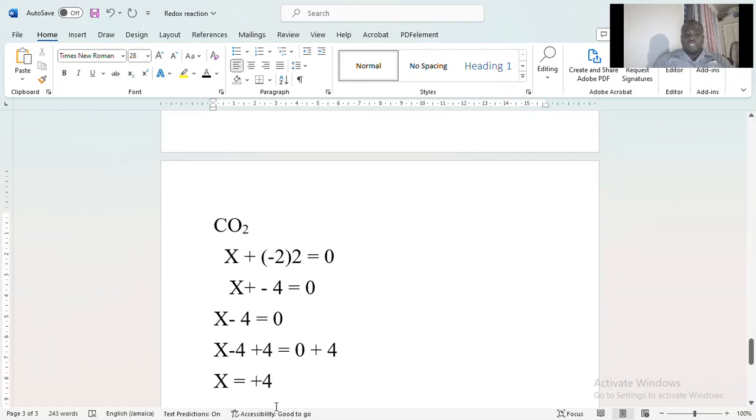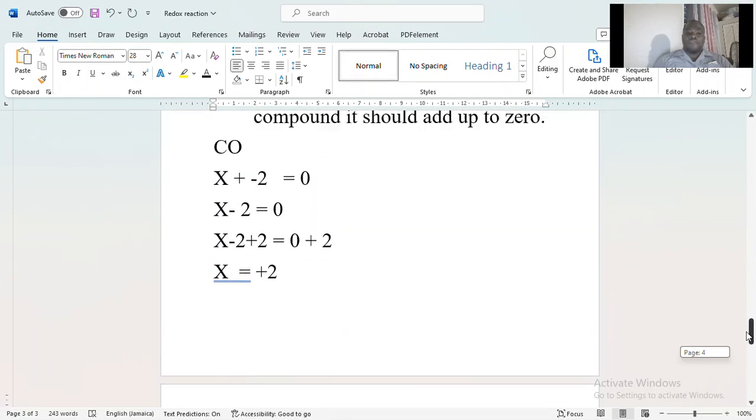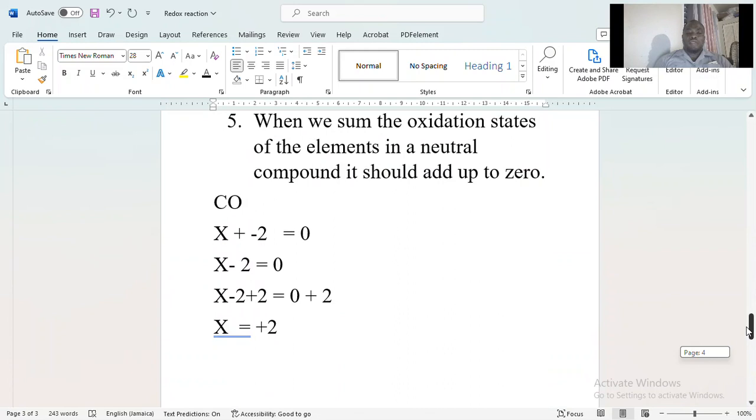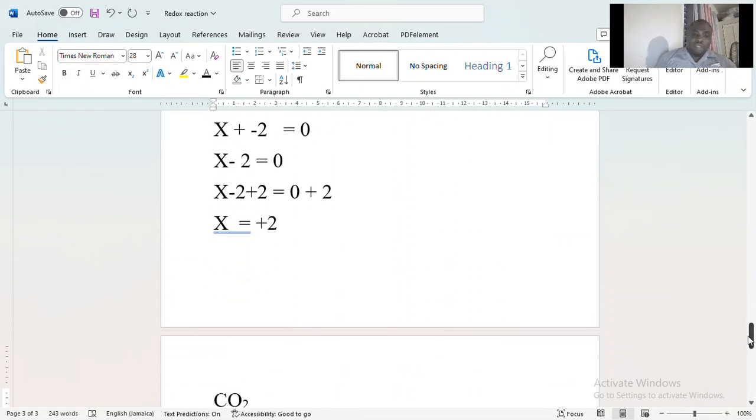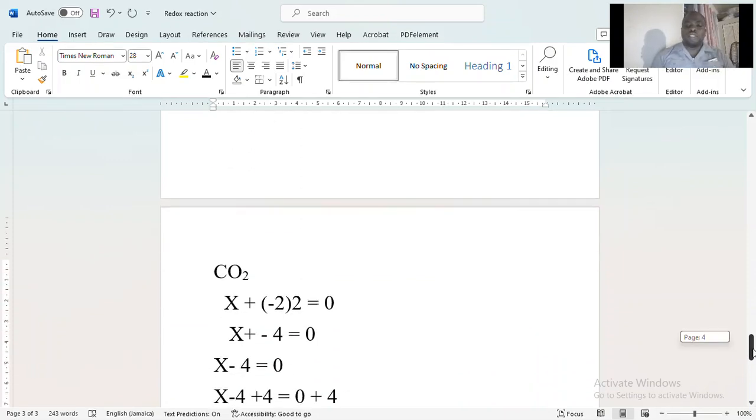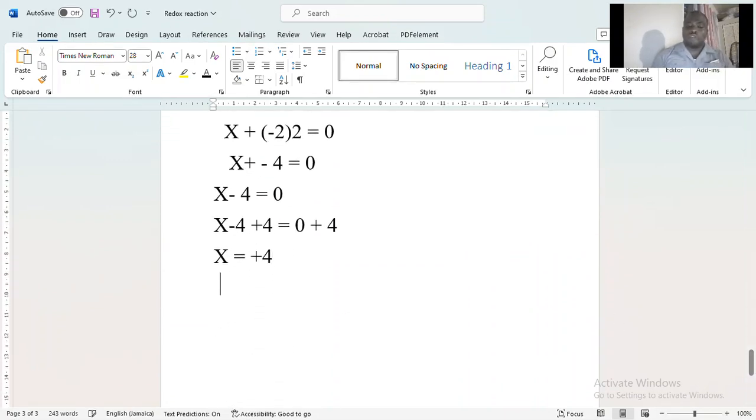So if you notice, in this case, the carbon is equal to +4, while up here, that very same carbon is equal to a +2. So we have to be careful not to think that the oxidation state remains the same. So that's why we should be able to work them out.